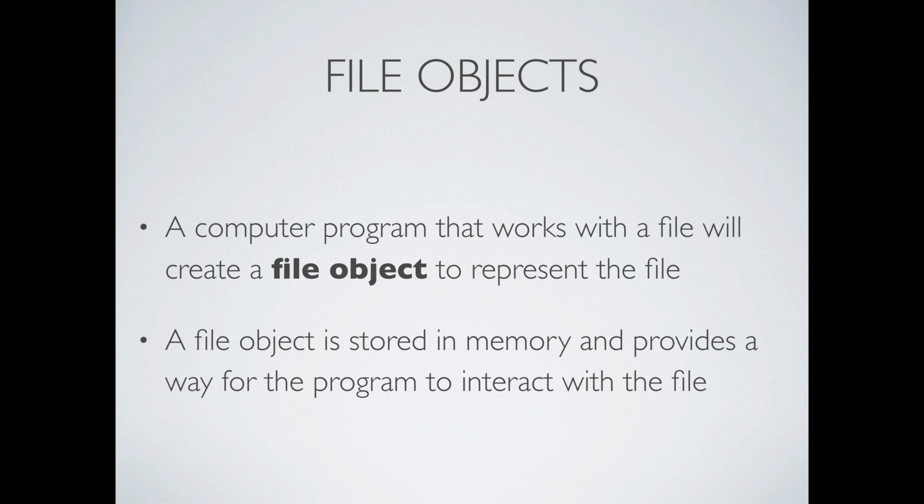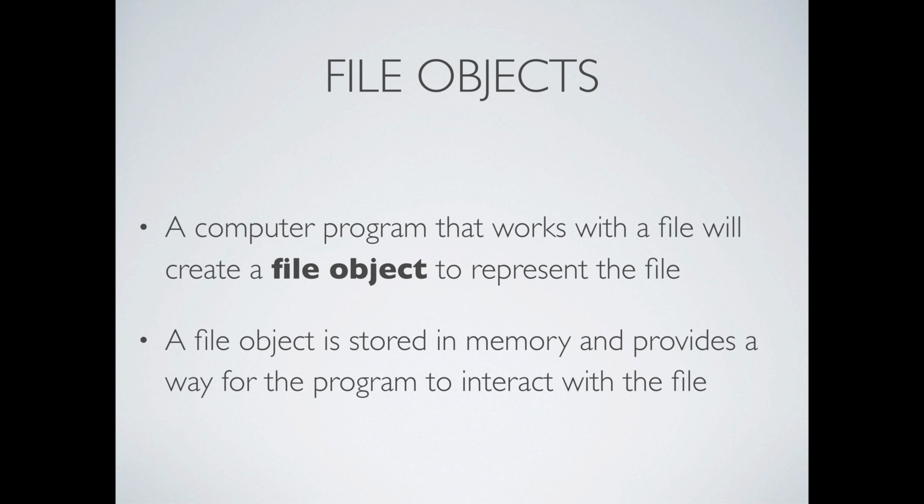One more thing to cover before we jump into the code is file objects. Whenever you are working in Python and you want your code to be able to interact with another file, the first step is to make a file object. This file object exists in your Python code, and it's sort of a messenger between your Python code and the actual file on the computer.